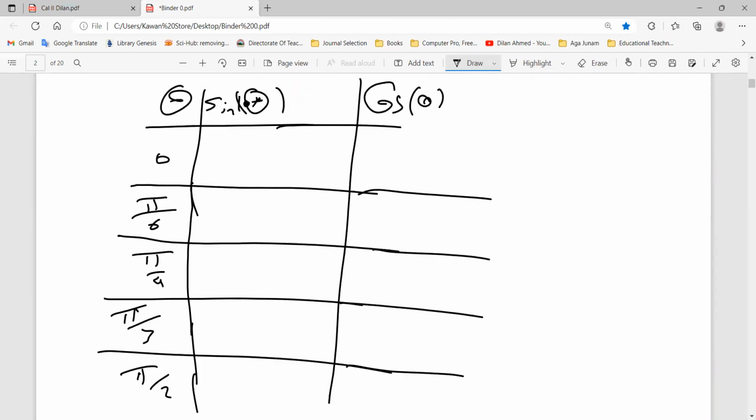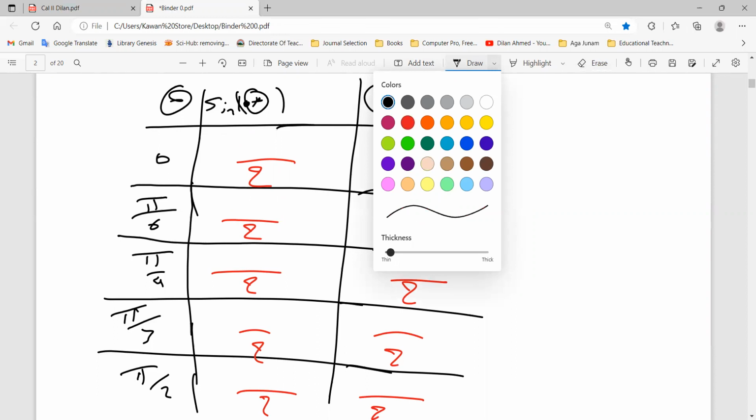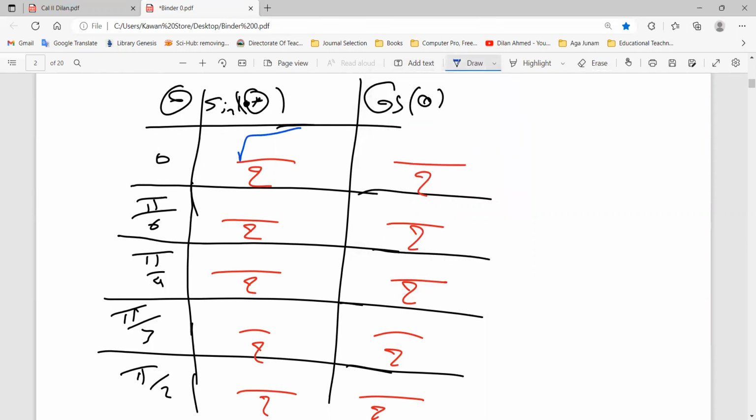So we are going to use a fraction. We make this a quotient or fraction. Then we are going to put the denominator for all of them as 2. Then you are going to use the square root. Easy, right?